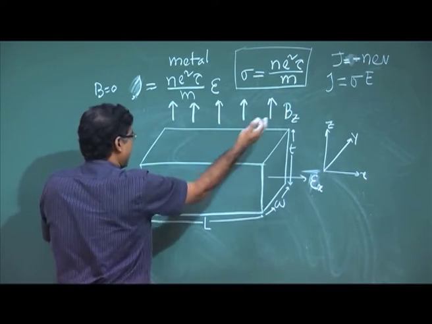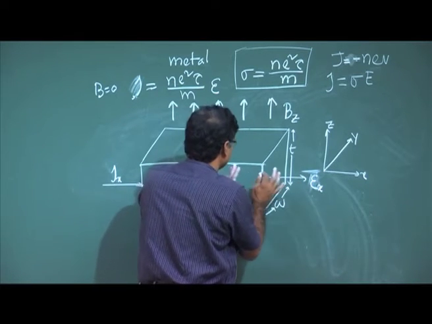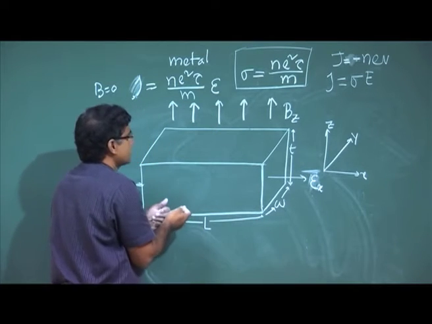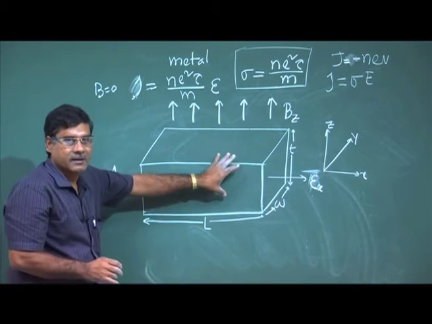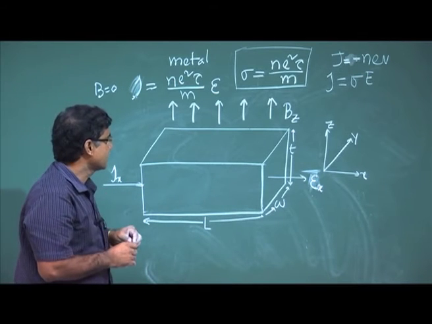Now, before applying the magnetic field, this charge carrier was moving. Let us consider the metal first, then we can generalize to the semiconductor.